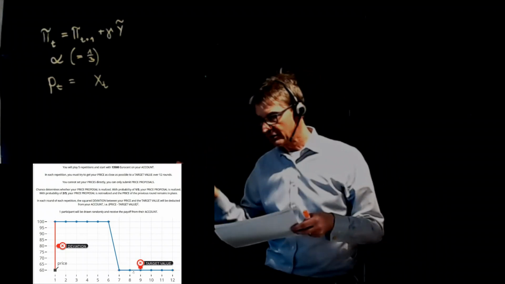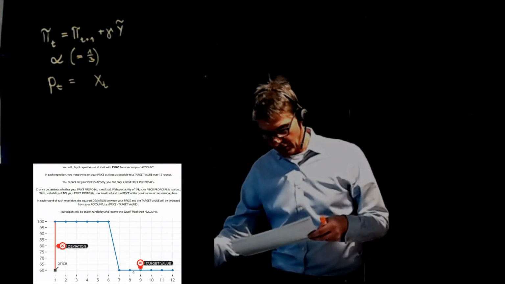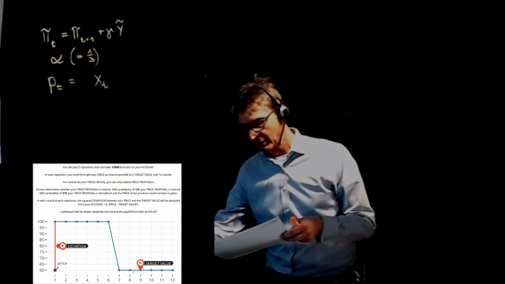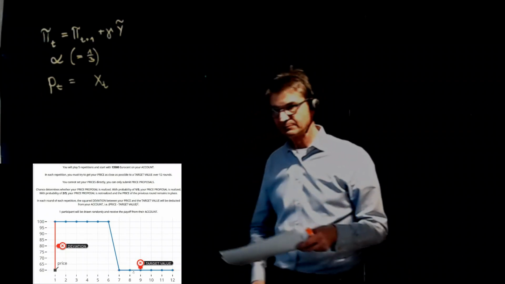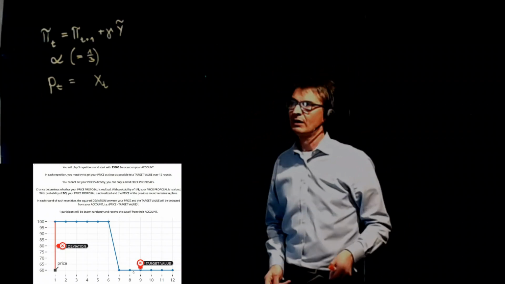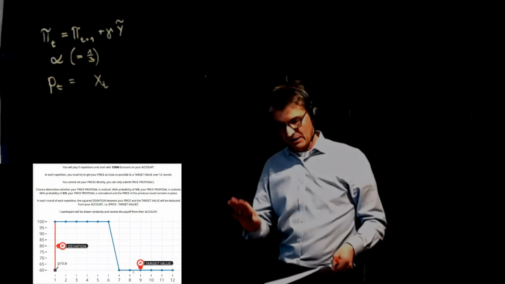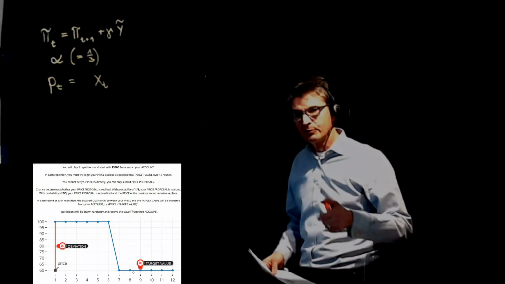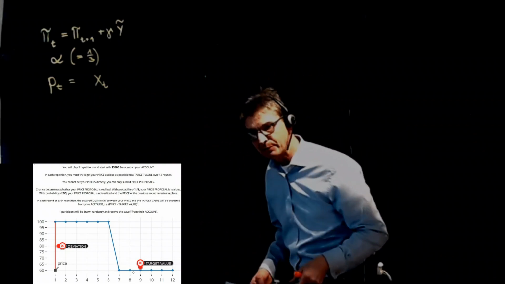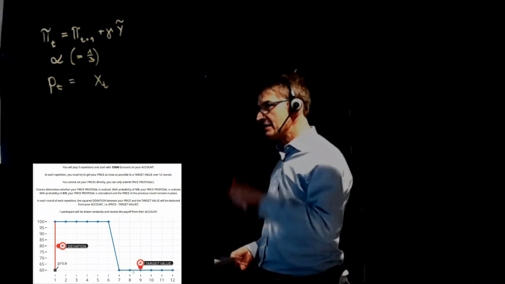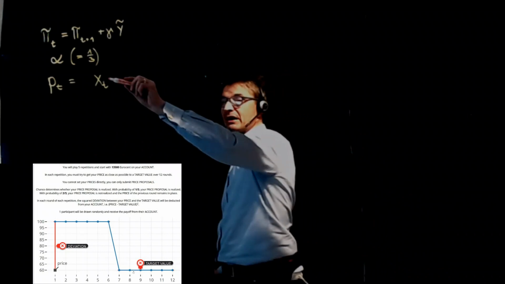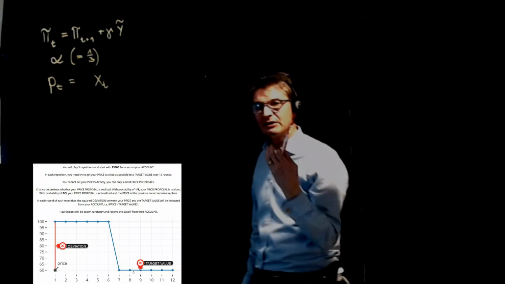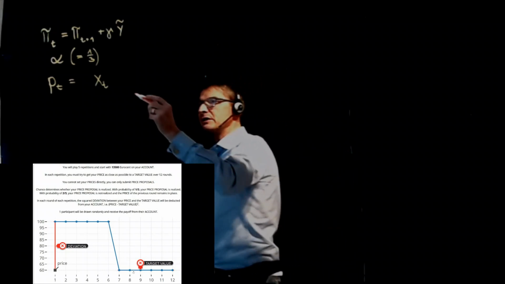However, starting in round 7, the target value suddenly drops to a value of 60. Okay, now when you submit a price proposal, this xt is implemented only with a probability alpha.